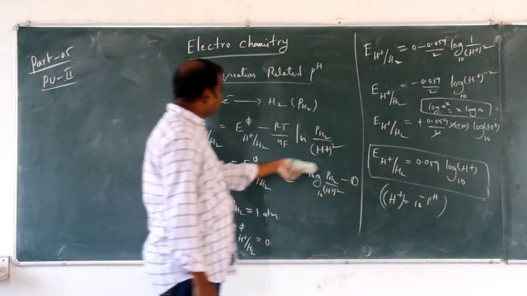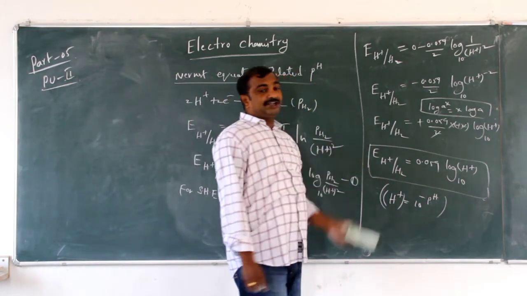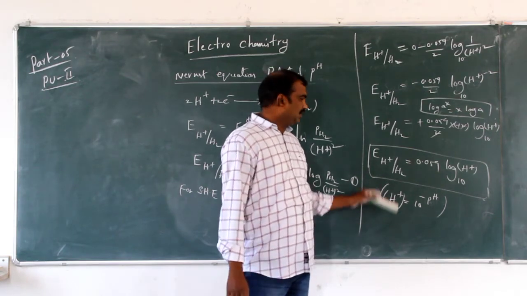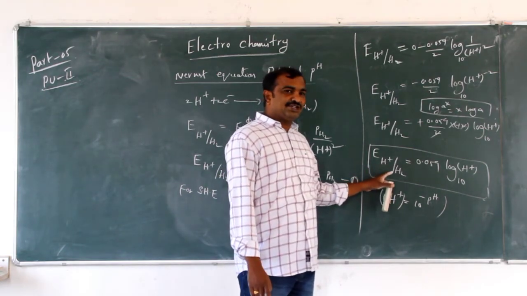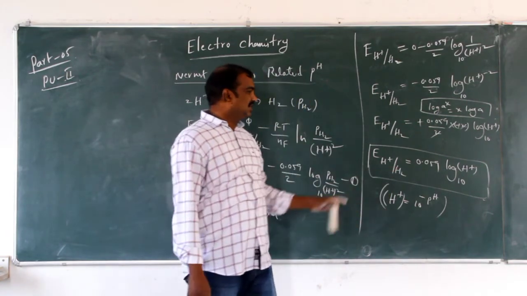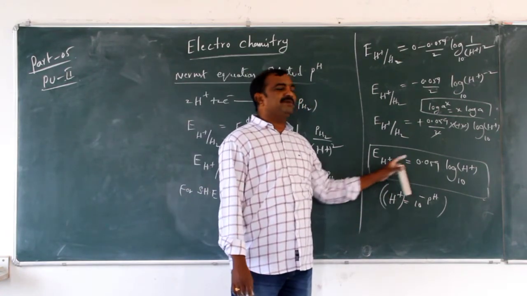So now this is the next equation related to pH. Here we are finding the H+ ion concentration. If you want to calculate for the hydrogen electrode, we can write it reversely, and here minus will come.